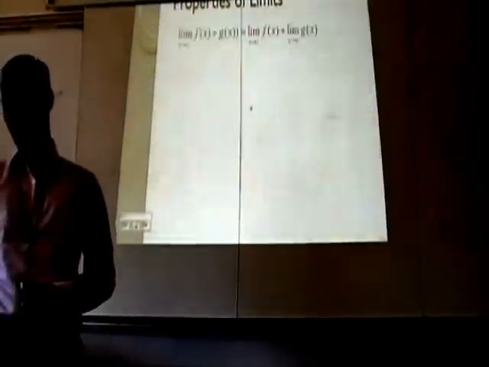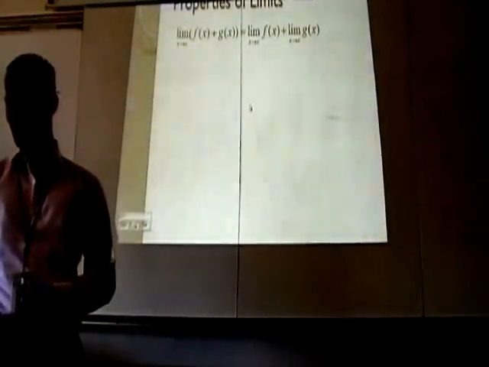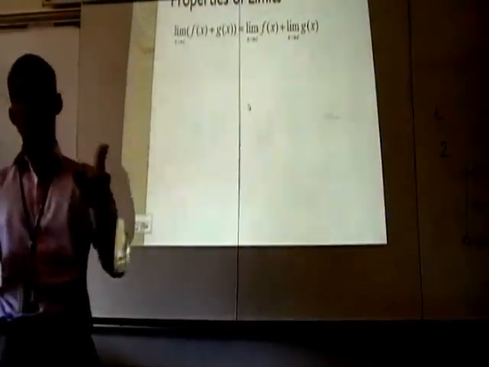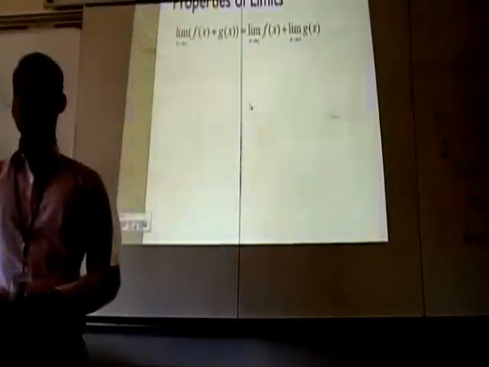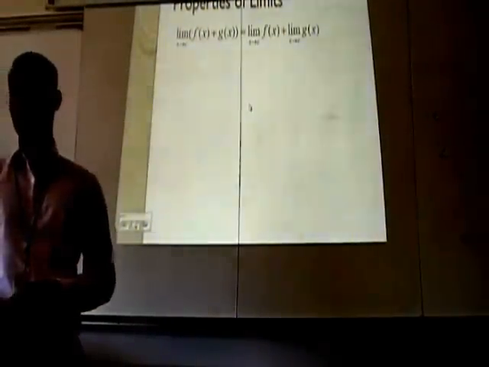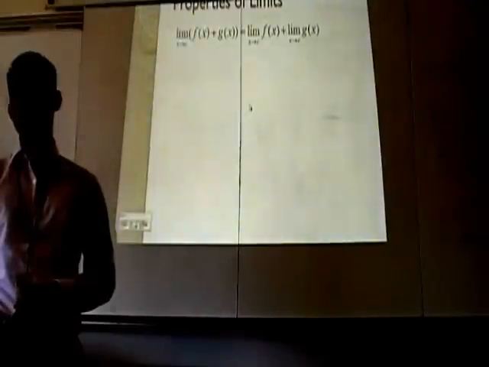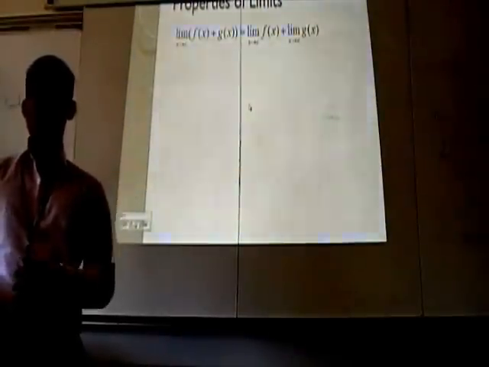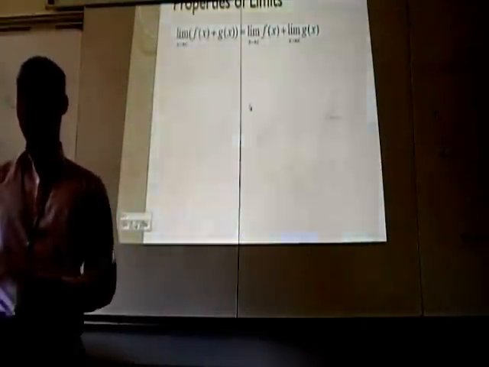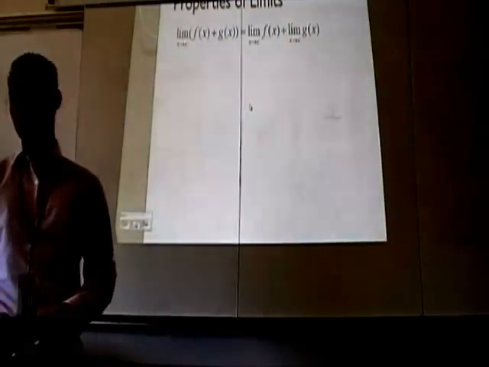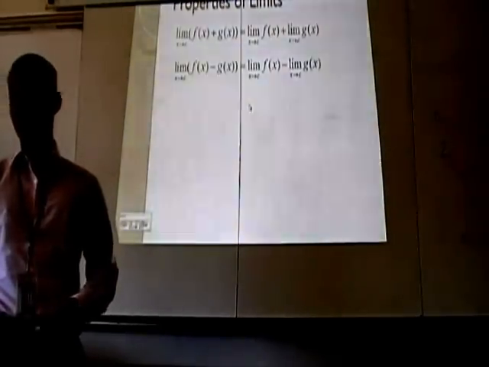Okay, let's look at some properties of limits. So basically, if you have two things inside of a limit, you take the limit of both things. It's going to look a lot more complicated than it actually is. So if we have the limit of x squared plus x cubed, you just take the limit of x squared plus the limit of x cubed. Same thing with subtraction.